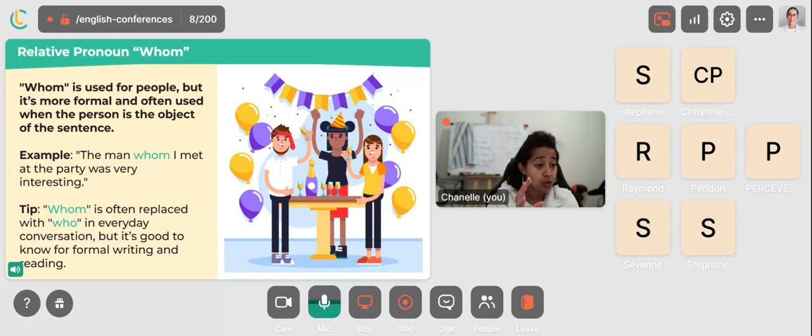If I use this sentence in a different way, for example, I met the man at the party. The man is the object. So now, because I am making the object the main part of the sentence, I use whom. So the man whom I met at the party was very interesting. Whom is often replaced with who in everyday conversations, but it's good to know for formal writing and reading.